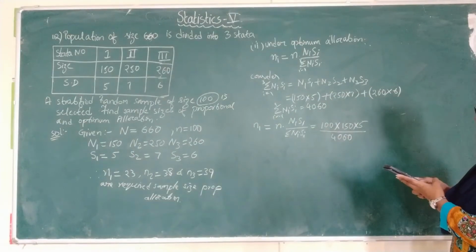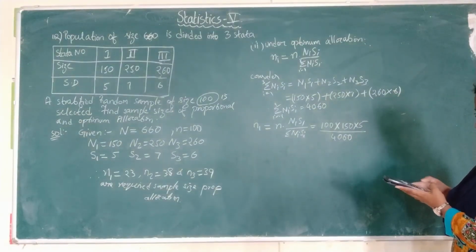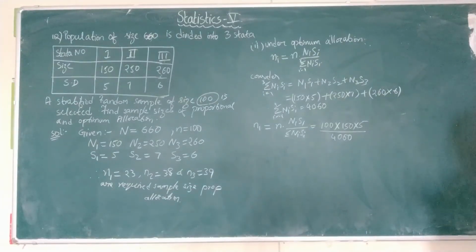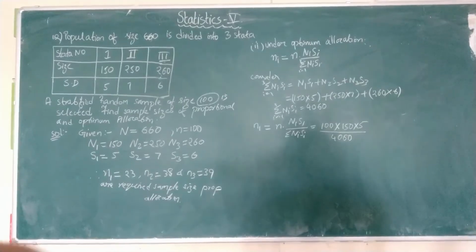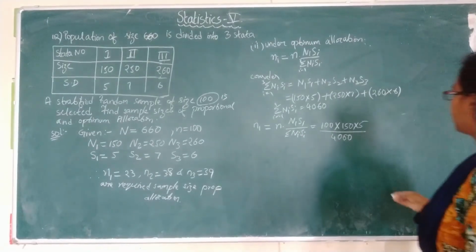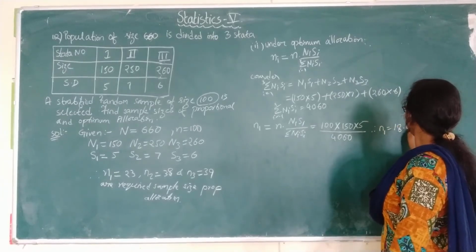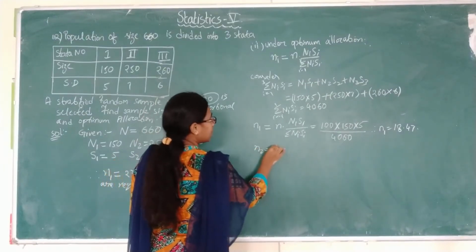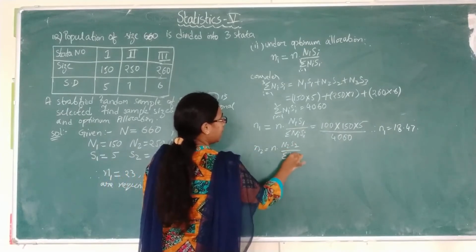Now 100 into 150 into 5 divided by 4060, you will be getting the first sample size, 18.47. So therefore n1 equals 18.47.